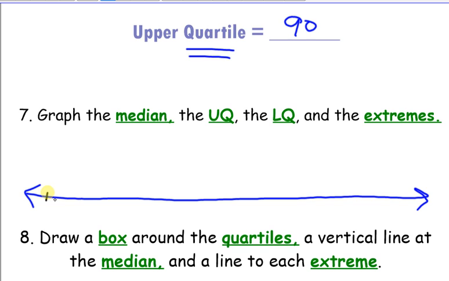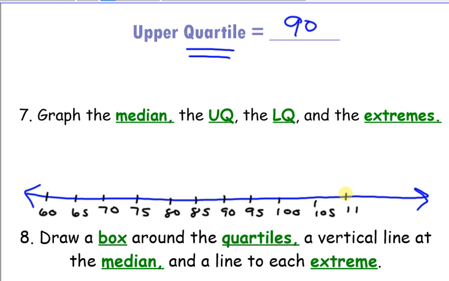I'm going to start at 60 and I'm going to go by 5s. But there's no real wrong way to do it. You want to just make sure that you give yourself plenty of space. You don't have to start at the first number and you don't have to end at the last number. So I'm going to stop at 110, okay?